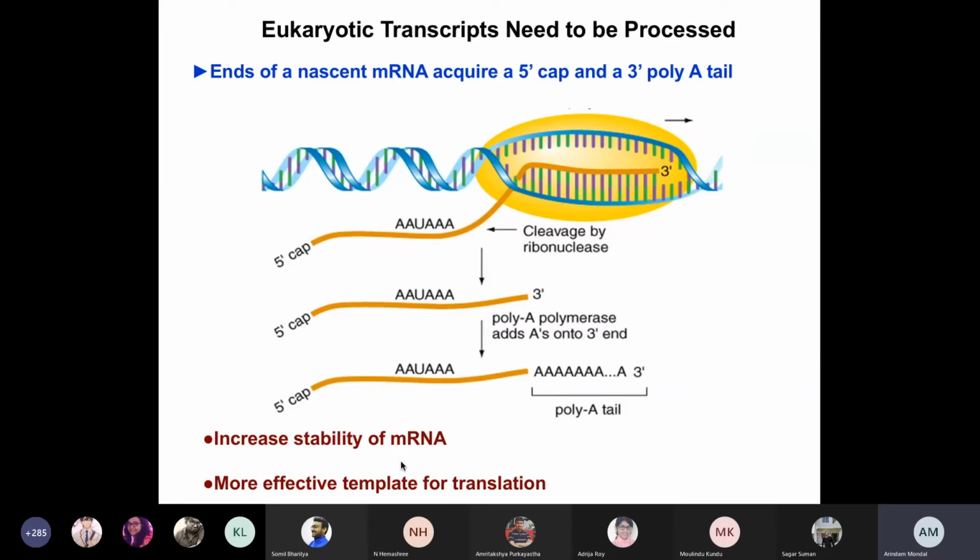That's why the tRNAs or the rRNAs, the transfer RNAs or the ribosomal RNAs, never contain these modifications like the caps or the poly A tails, because these are needed for the translation process. So the tRNAs or rRNAs never contain the cap structures.